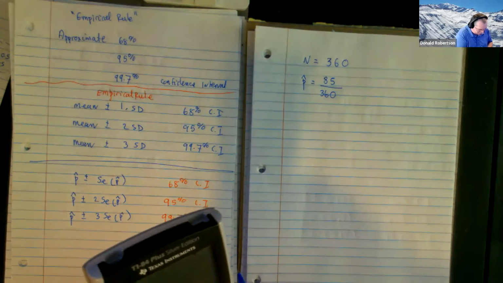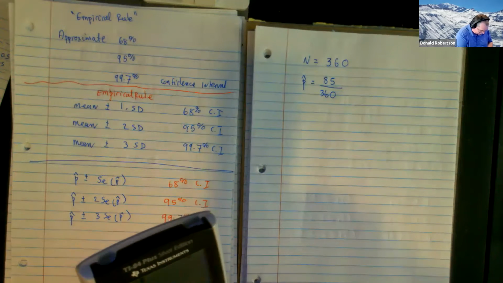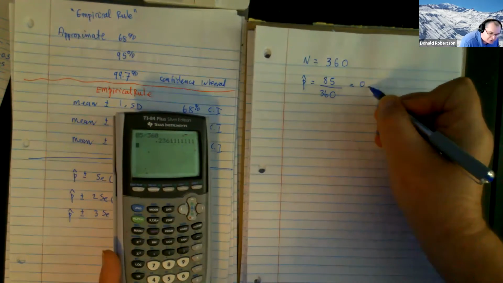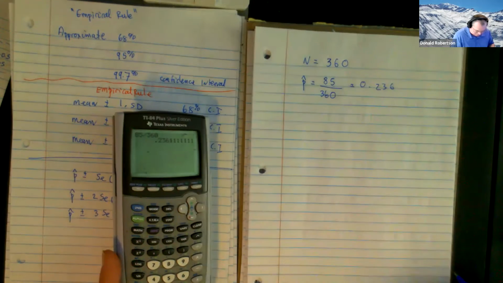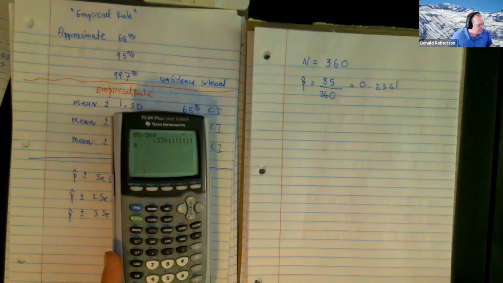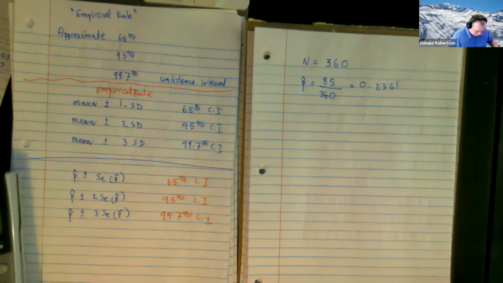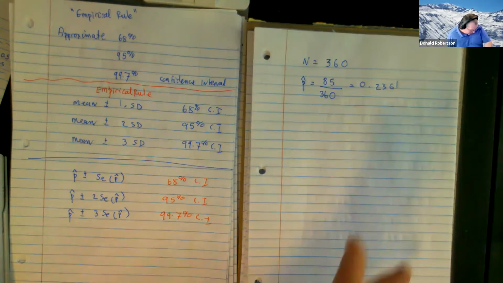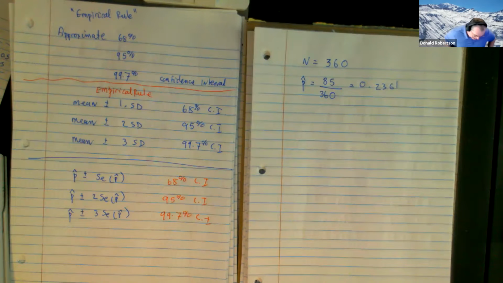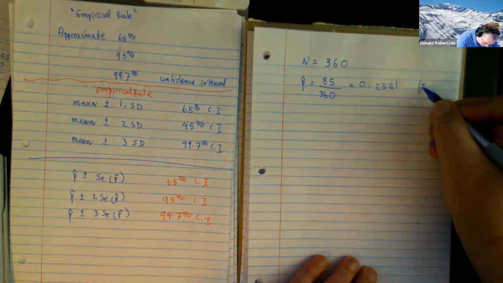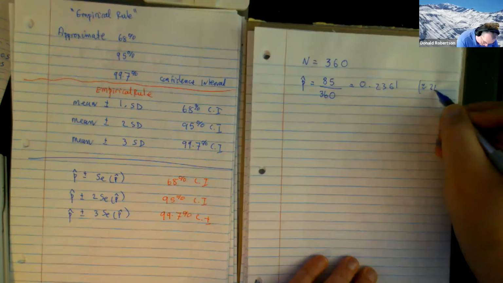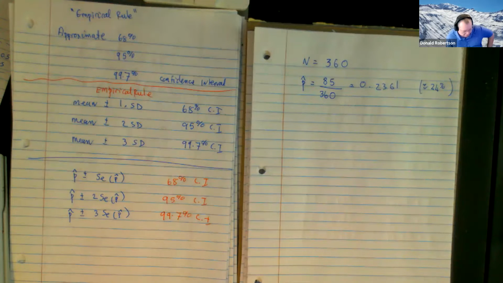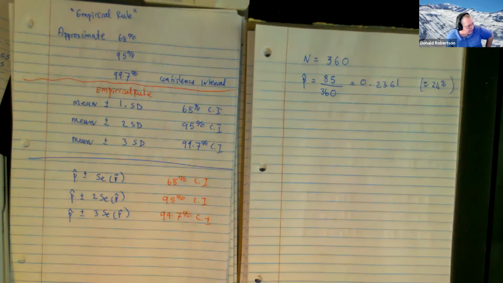And so 85 divided by 360 comes out as that rather ugly decimal, which is what you kind of expect, but let's say to 4 decimal places, that's what it looks like. Well, I could just say, based on this data, that my best guess is about 24% of Americans would like to be taller. Would you agree? 23, that rounds off to 24%.